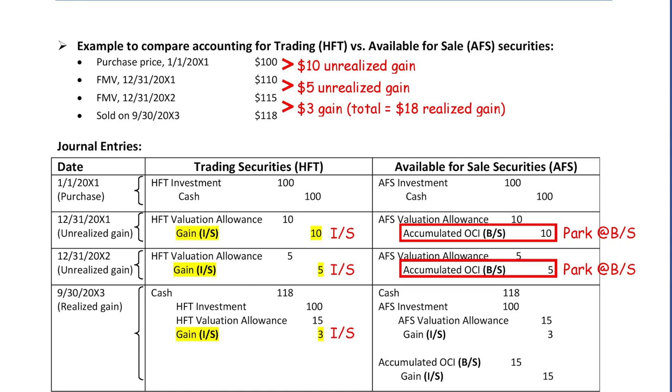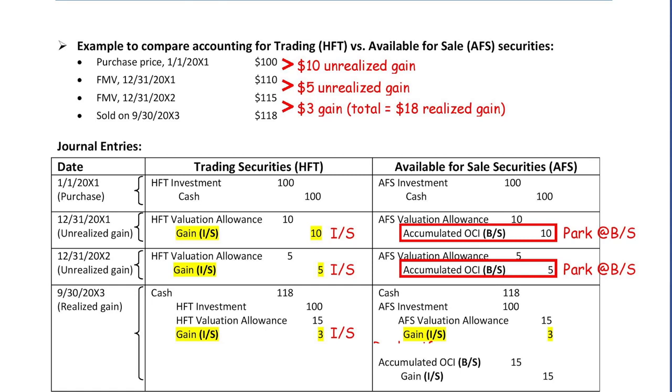However, in year 3, when the security is finally sold, then we said it's a $3 gain in year 3, but a total of $18 realized gain. So that $3 gain in year 3 now goes into the income statement, highlight the $3 there.